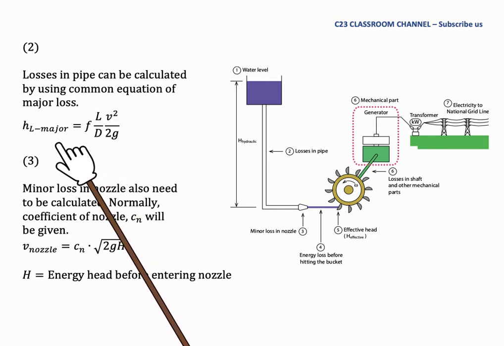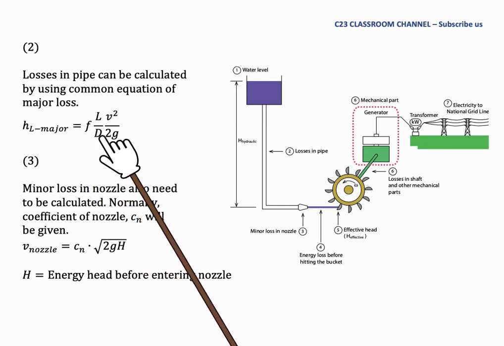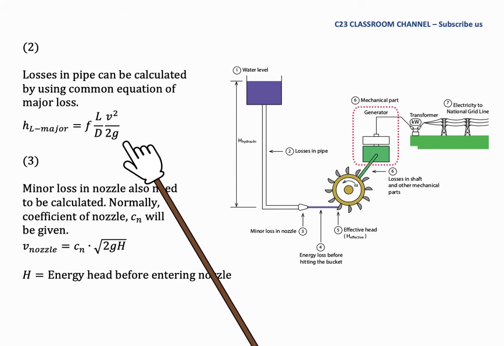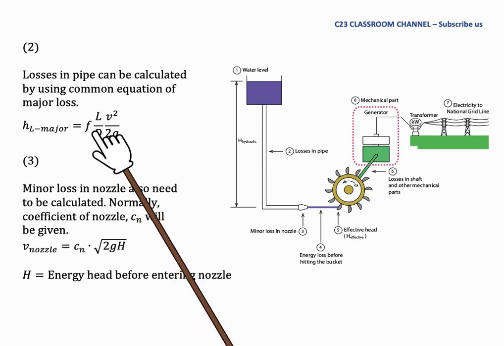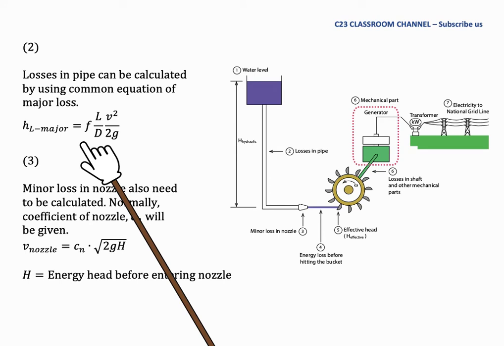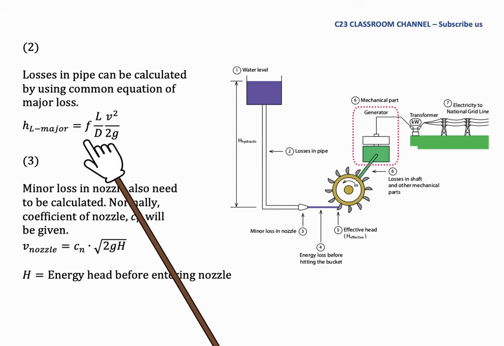The major loss in pipe is equal to f L over D times V squared over 2g. The f here is the Darcy coefficient of friction. You may take the value of f depending on the Reynolds number and from the Moody chart, but sometimes in our examination, we will give you the value of f.